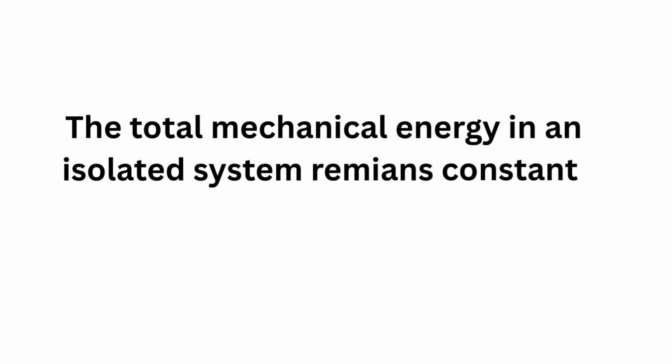Now, an object of mass 10 kg is released at point A, which is 4 meters above the ground. It slides down the track and comes to rest at point C. State the principle of conservation of mechanical energy in words. The principle of conservation of mechanical energy states that the total mechanical energy in an isolated system remains constant.